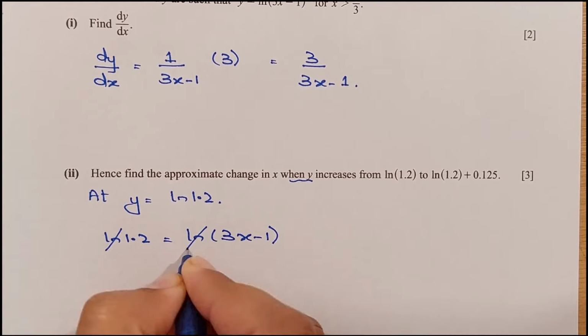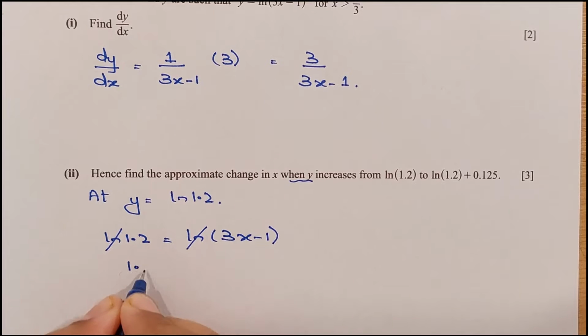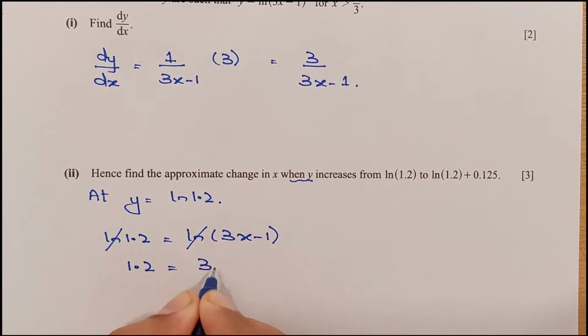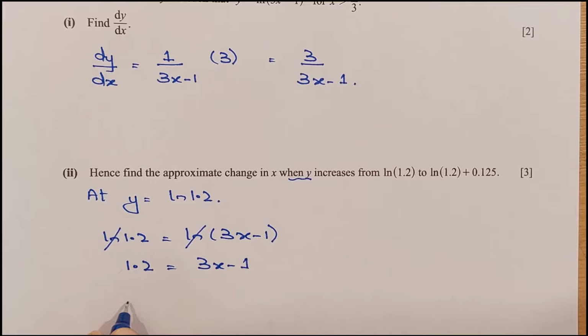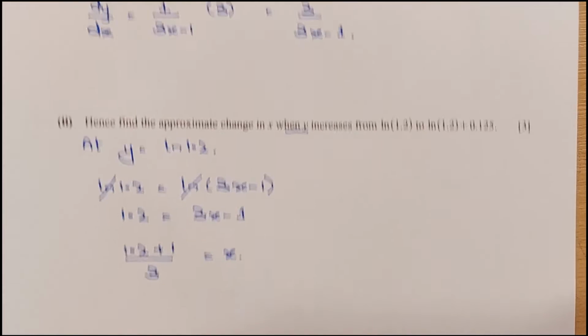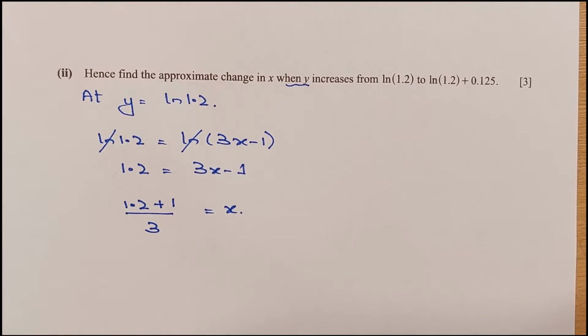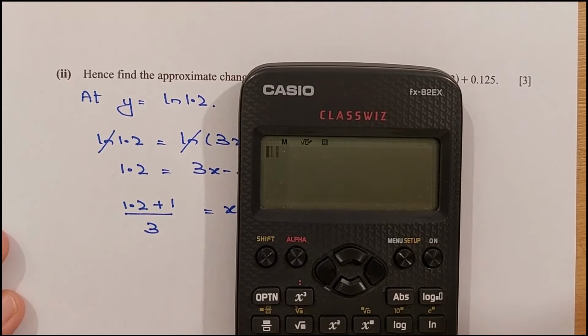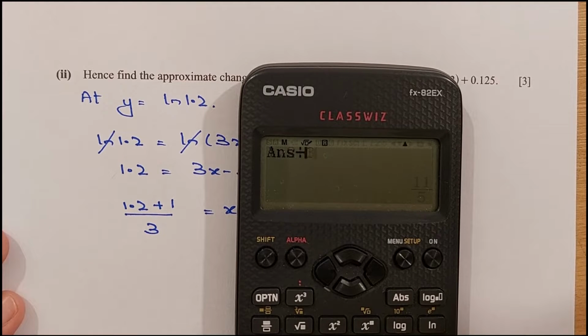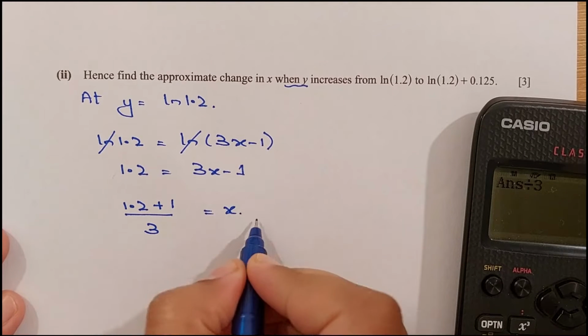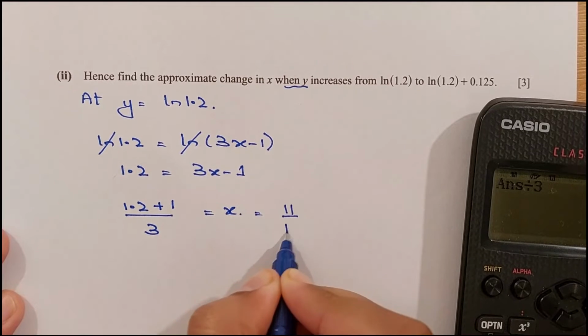Cancel natural log on both sides: 1.2 equals 3x minus 1, and 1.2 add 1 divided by 3 is your x value. Simplifying, 1.2 plus 1 divided by 3 is 11 over 15. So the x value is 11 by 15.